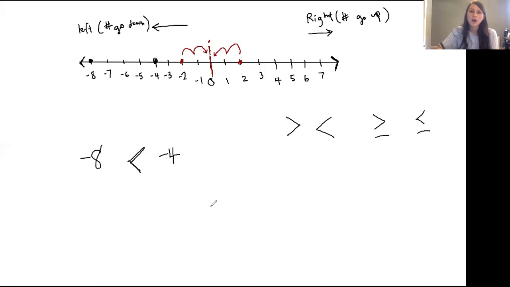And so we have a symbol that represents the distance a number is to 0, and that is called absolute value.